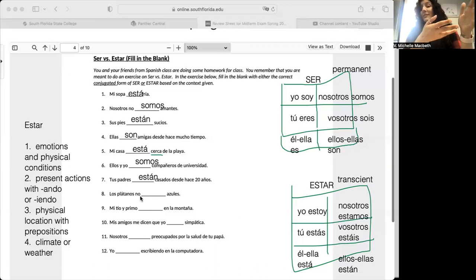That's a physical condition, right? It's current status. I'm talking about its physical color, its actual color. That is not a physical condition. It is a description of the item, and descriptions are always ser, right? So that's where we start to get ourselves a little bit tripped up, because we can get ourselves confused. But this one is going to be ser.